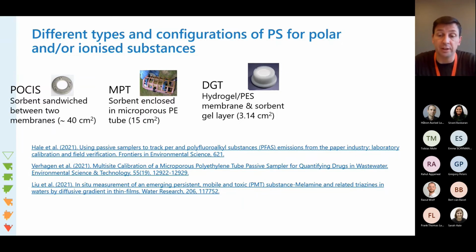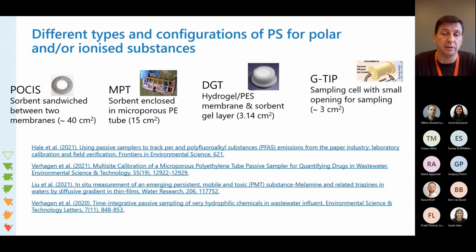In that case, it's actually a paper from last year where the DGT has been optimized for sampling melamine and other triazines. And you can see here that the sampling surface is again pretty much an order of magnitude below that of the POCIS.